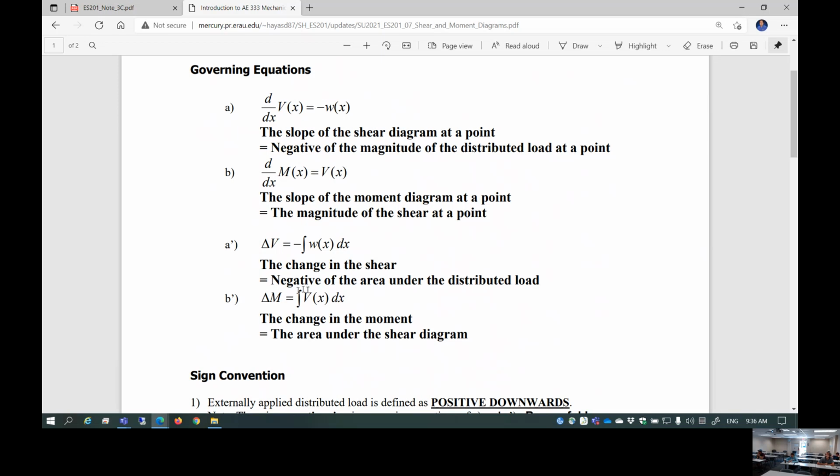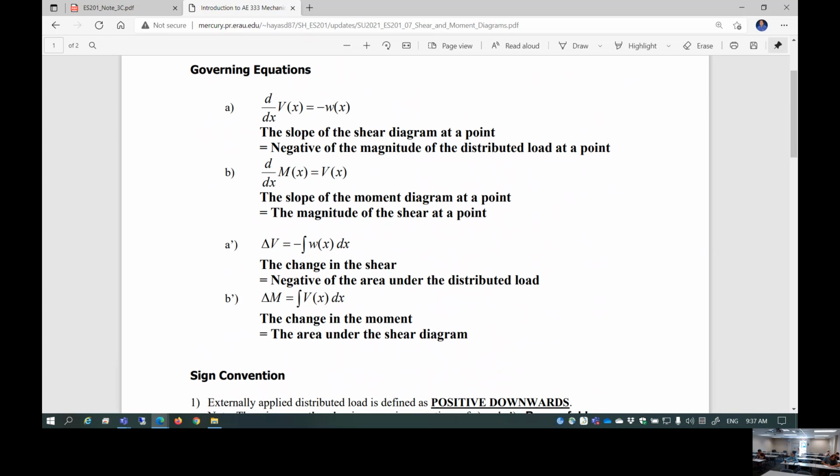Then the two equations can be integrated to find out. Having said this is the slope of the internal shear and slope of the internal moment, this is a function of x. In other words, at every position the internal shear and moment change. That change could be linear or non-linear, but you can integrate to find the actual change. So how much change of shear happens? If you want to know how much external distributed loading is applied over this range, find the area of it.